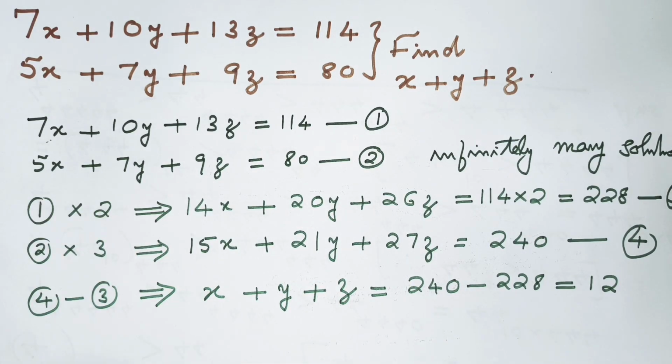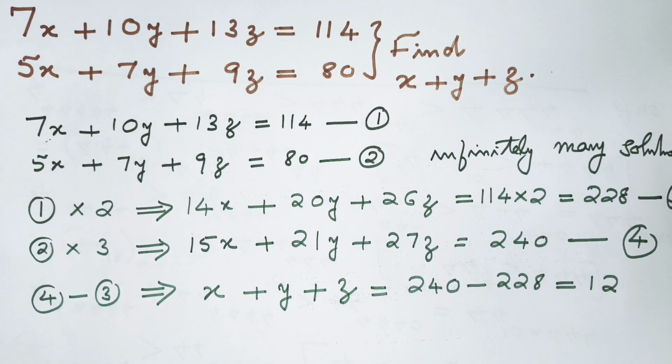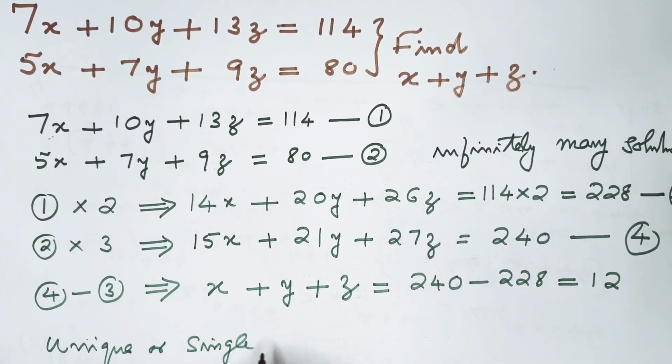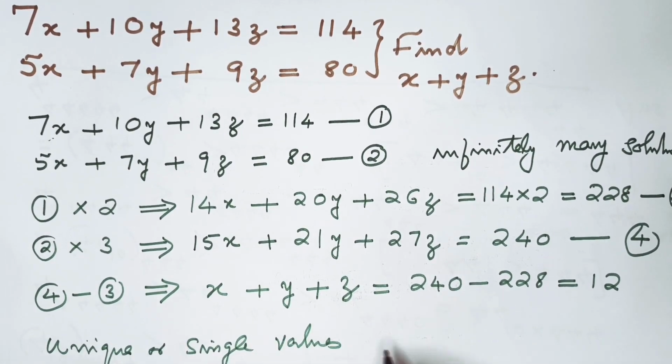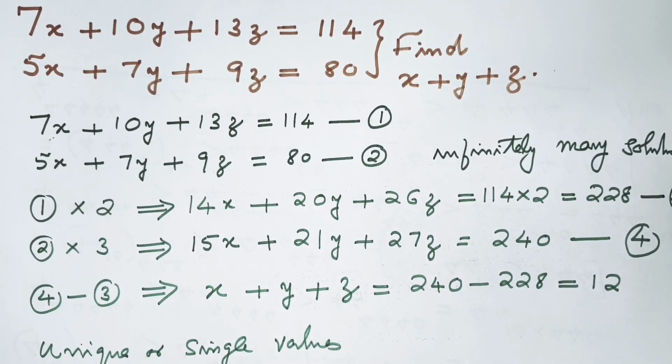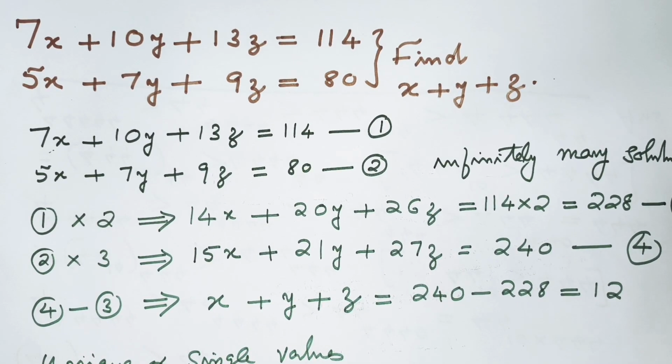So we should have been given three equations so that you can solve them and get unique or single values for the variables involved in the equation, which is not possible in this case because you have one equation short. You don't have three equations. You have only two equations. In that case, the question of finding the variables involved in the equations individually and uniquely is out of the question. That's a point I'm trying to make.